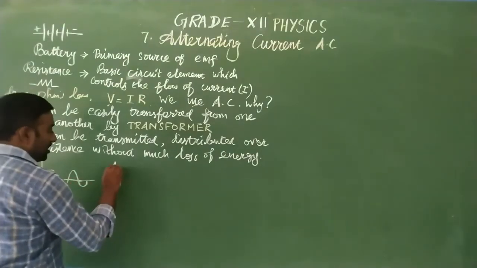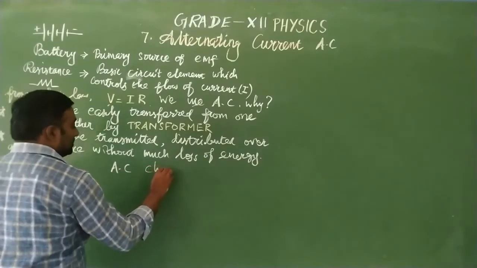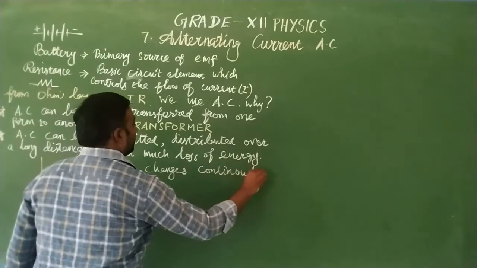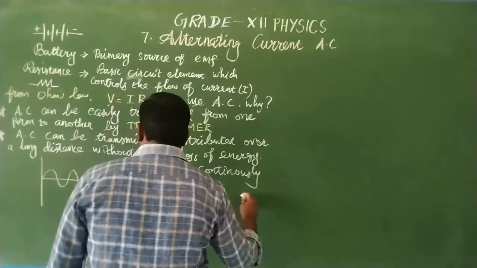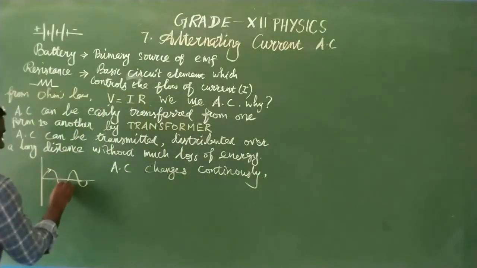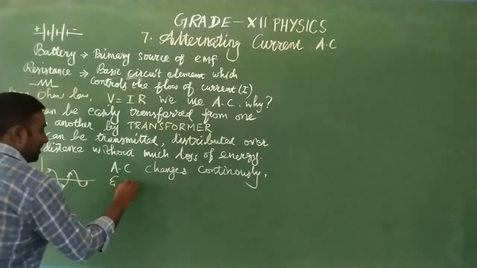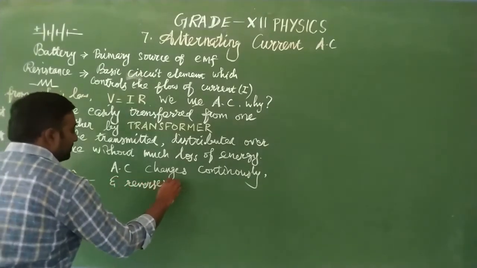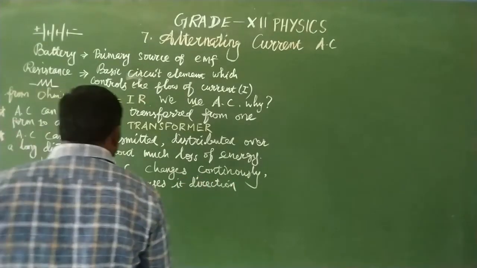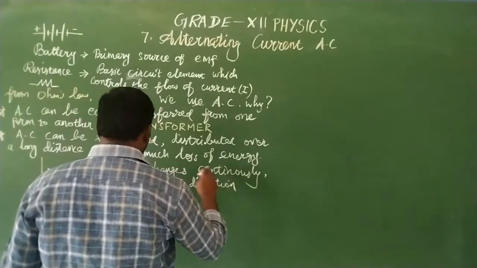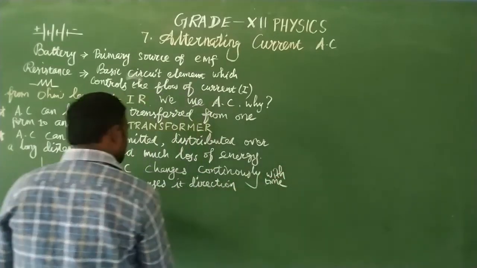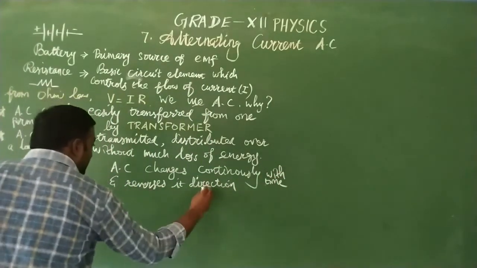So alternating current changes continuously and reverses the direction, it reverses the direction with time. Yes, the AC changes continuously with time and reverses direction periodically.